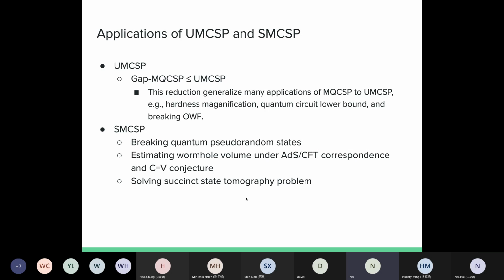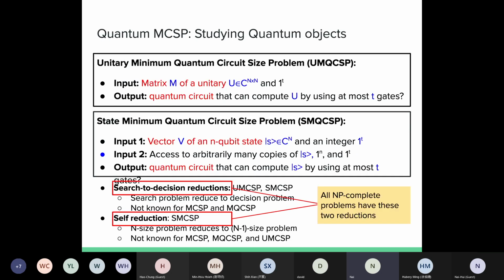So that's what is interesting about them. And how do we get the search-to-decision reduction and self-reduction? The main idea is that quantum circuits are reversible. If you are given a unitary, and you can decide whether it has a circuit of size at most t, then you just guess each gate, and apply the gate to the unitary to uncompute it.